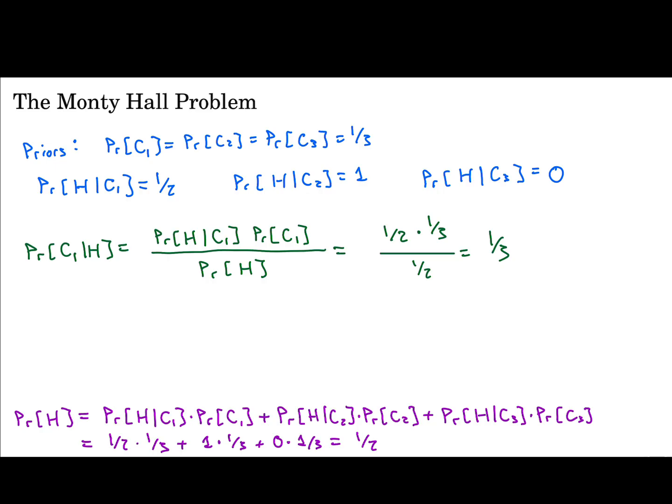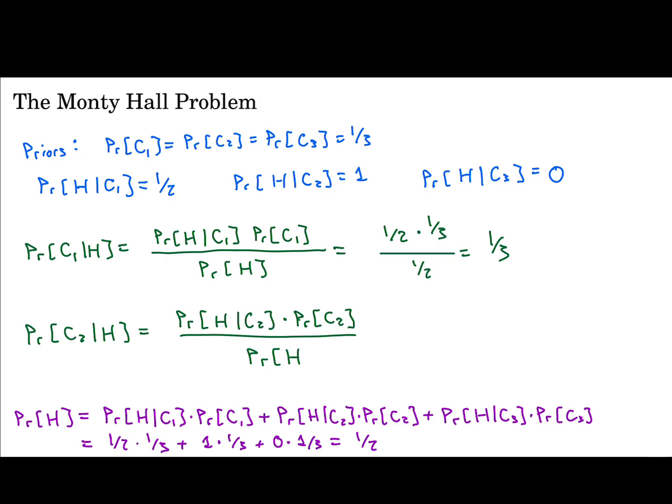So what's the probability that the car is in door 2, given that he opened door 3 with the goat? Again, this is the probability that he opens door 3 with the goat, given that it's in C2, times the probability that it's in C2, divided by the probability of him opening the door with the goat, which we computed, it's the same one as before.